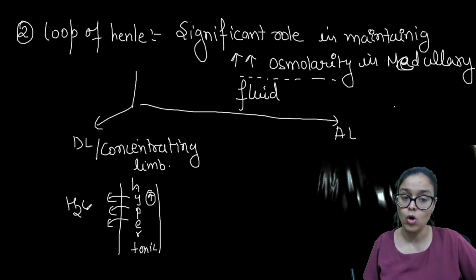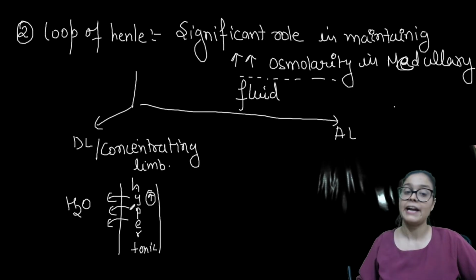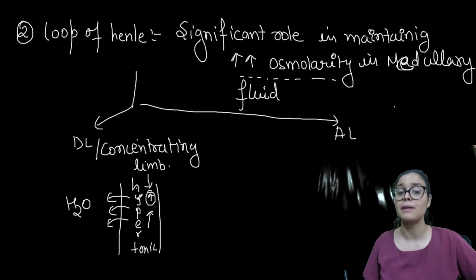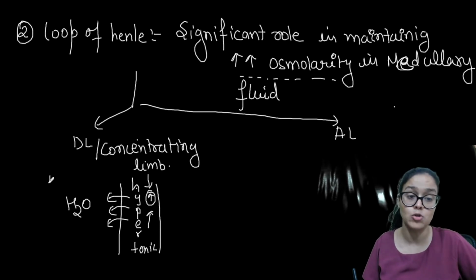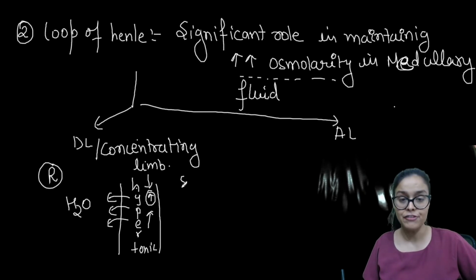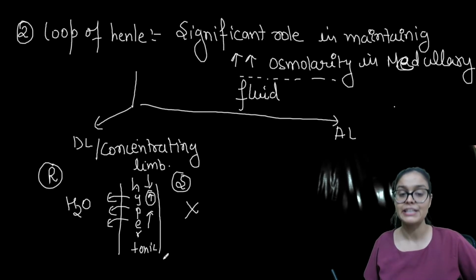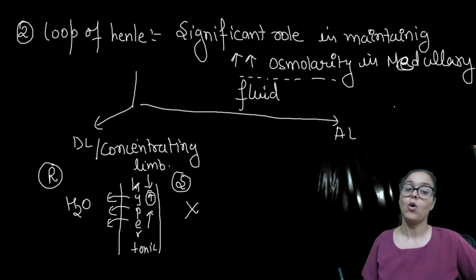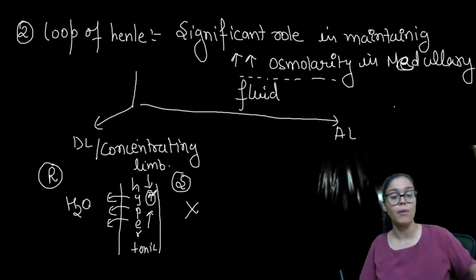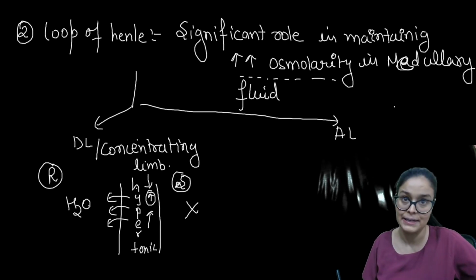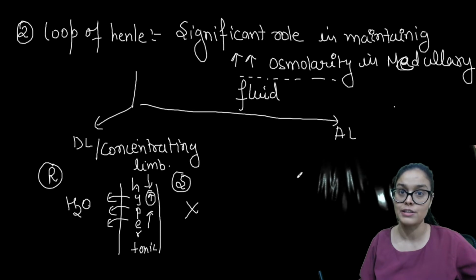Water will be reabsorbed into the medullary fluid, and with water going out, the solute concentration inside increases, and hence water decreases, and it becomes the concentrating limb now, right? So it becomes so highly concentrated, it is reabsorbing water. And if we see secretion, there is no secretion, nothing is secreted here, only reabsorption of water, because it is water permeable, and obviously forming a hypertonic, highly concentrated solution inside.